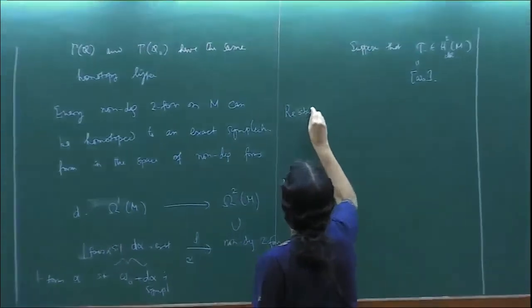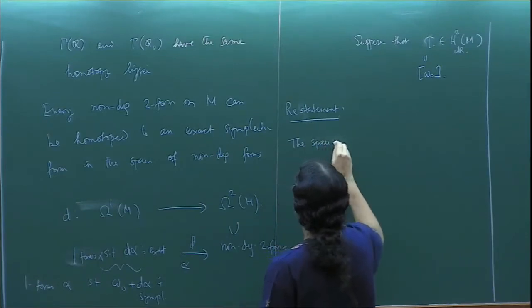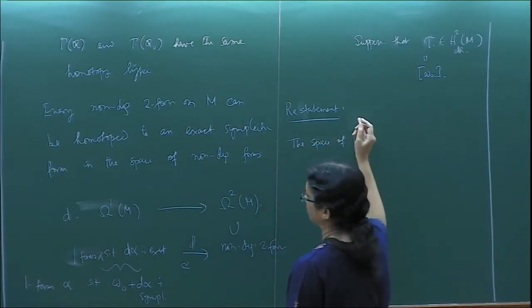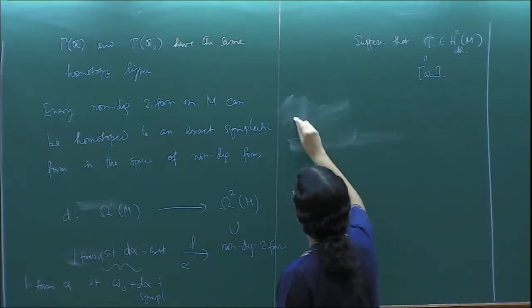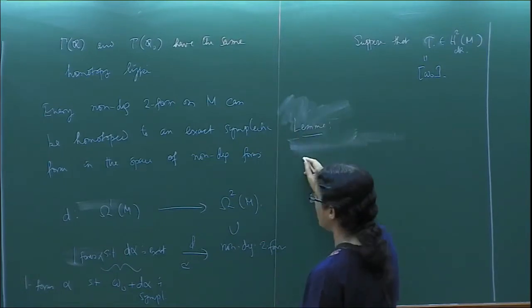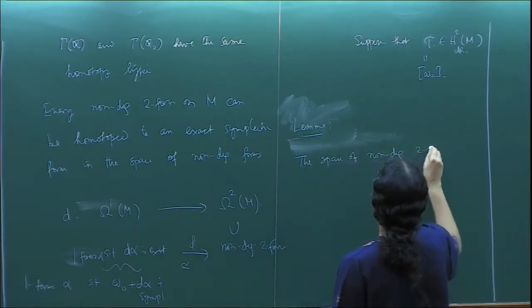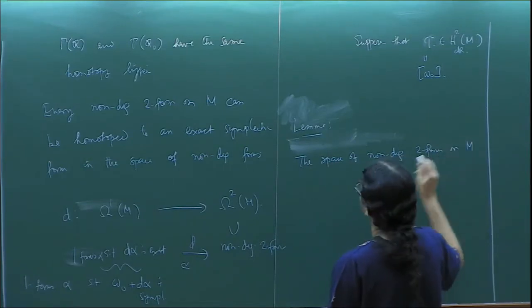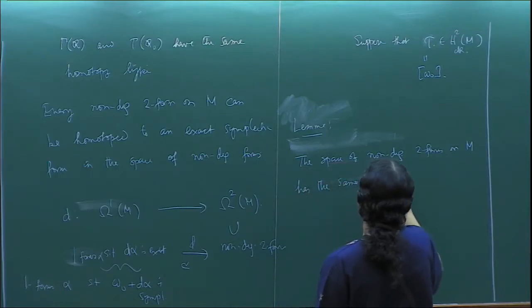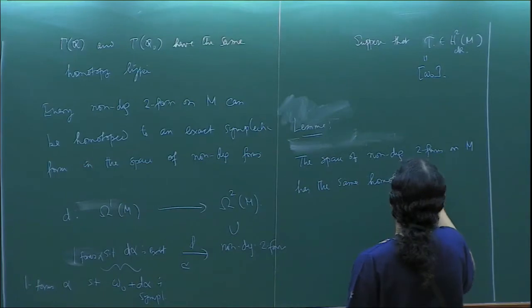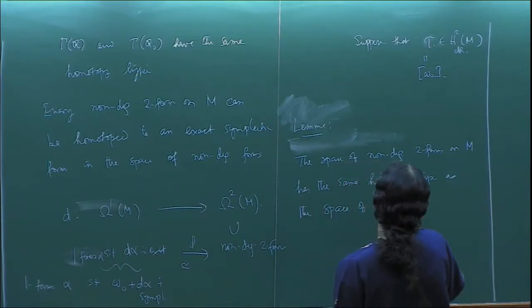It says that the space of non-degenerate two forms on a manifold M has the same homotopy type as the space of almost complex structures.